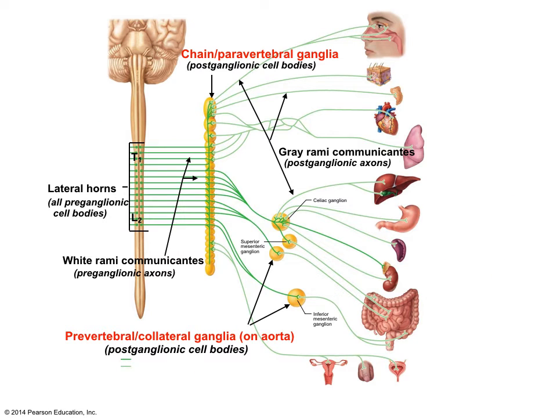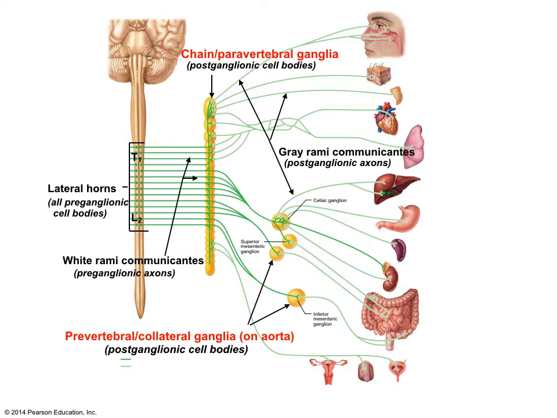This slide just isolates and talks about the sympathetic division. Again, we have two sets of ganglia. The first would be within one of the two sympathetic trunks. You will note that bracketed off would be T1 to L2, T thoracic, L lumbar.